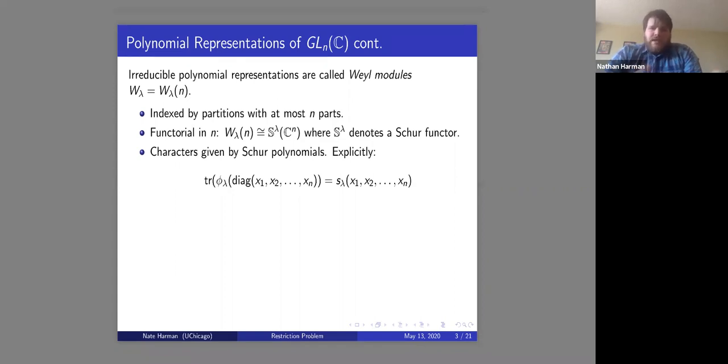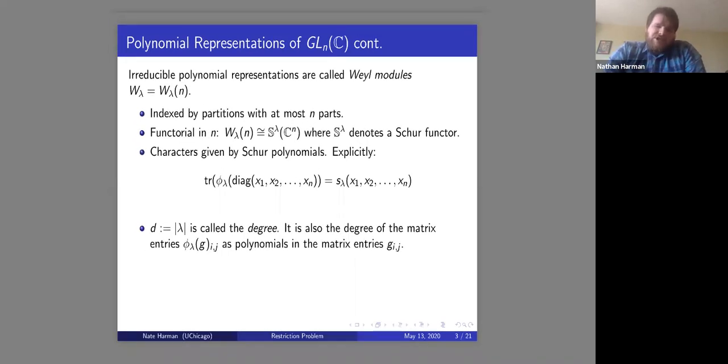And because of the polynomial property of these representations, that trace is just a polynomial in the diagonal entries. And that turns out to be a Schur polynomial. Hopefully in an algebraic combinatorics crowd, these Schur polynomials are familiar objects, things that we like.